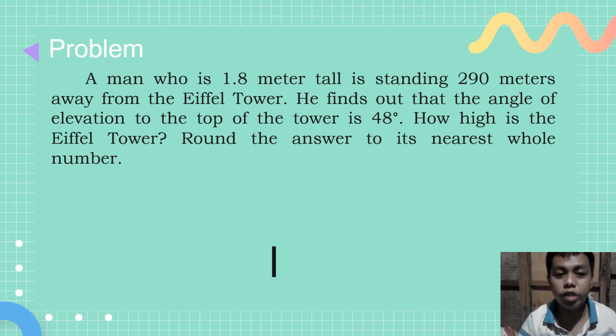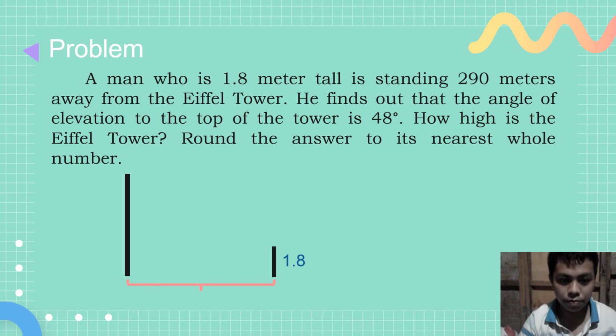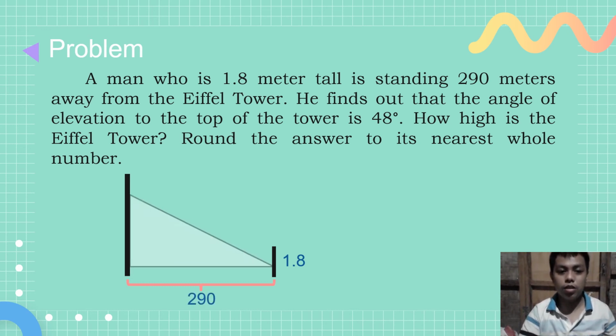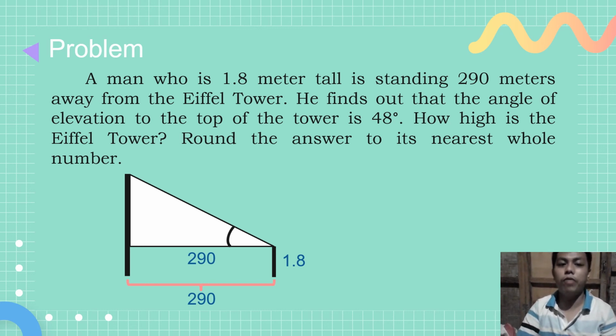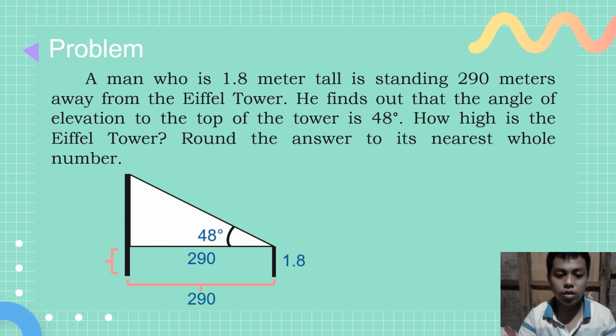So this is the man which is 1.8 meters tall. And this is the Eiffel Tower. And the distance between the Eiffel Tower and the man is 290 meters. And we can draw a triangle, 290 meters. Then the angle of elevation to the top of the tower is 48 degrees.